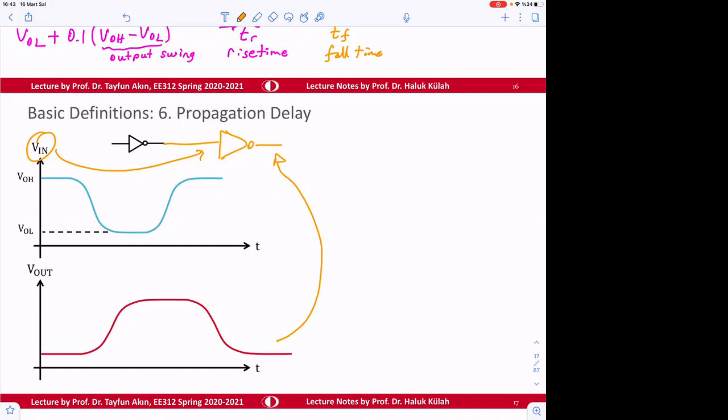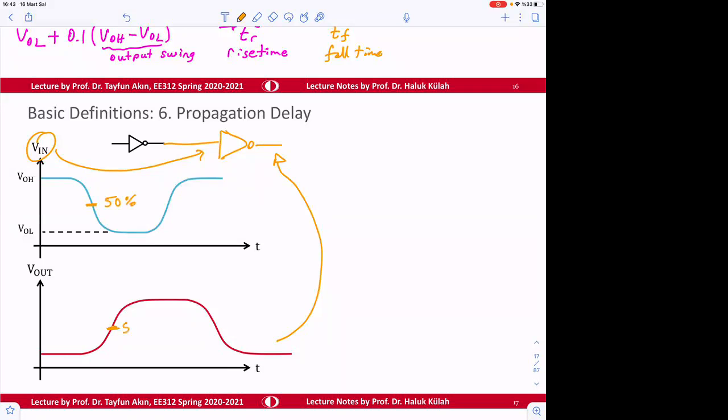So for these kinds of cases, we look at the 50% points. Okay, so the 50% point is this one. And for this one, the 50% point is this point. Okay, so this is the 50% point.